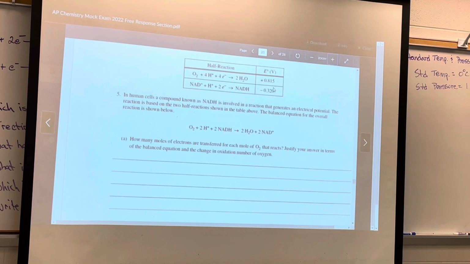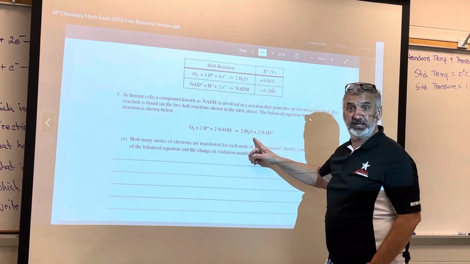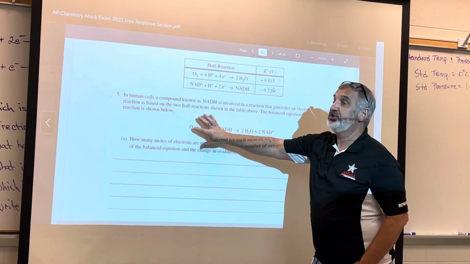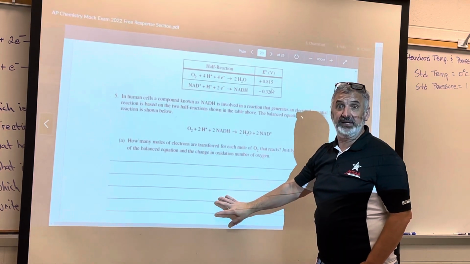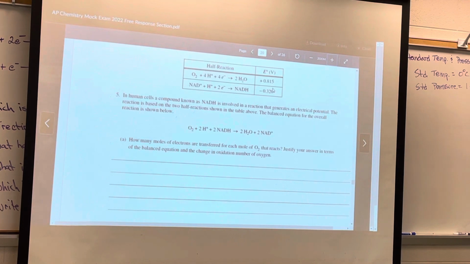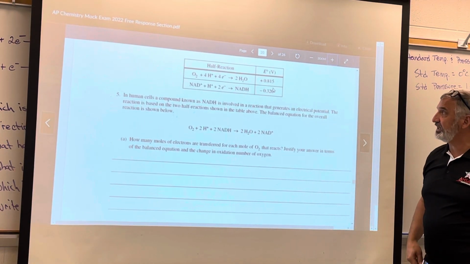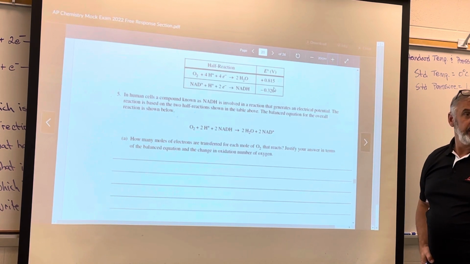No, now you have to, we have to look at everything on the paper, and sometimes even if we do different things, for instance, if you did oxidation states up here, we would use that as part of your answer down here. Because this particular question says, how many moles of electrons are transferred?